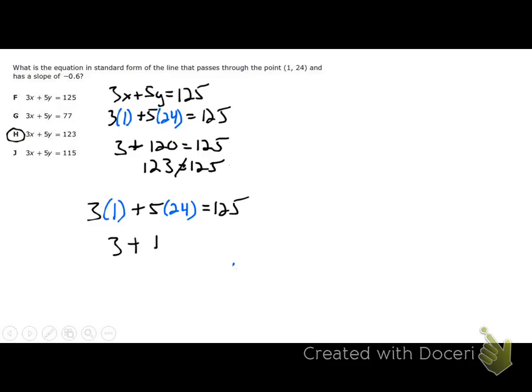I get 3 plus 120 equals 123. That is a true statement, okay? So I like answer choice H because we get a true statement, we know that this point is on this line. And also, if I were to take this and solve it for y and put it in slope-intercept form, it would get that same slope that this question asked for. So answer choice H is going to be our answer here.